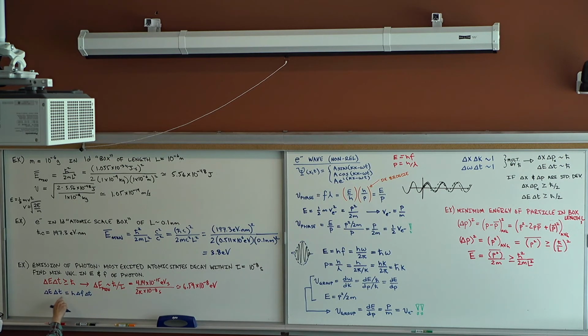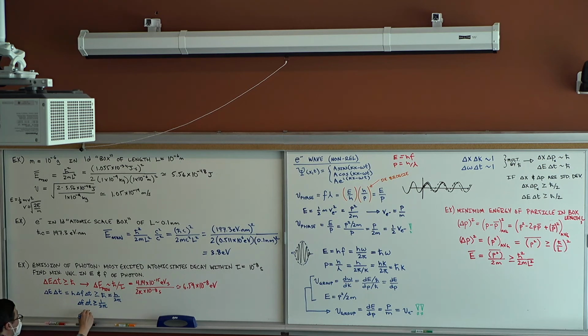E goes as hf, so delta E goes as h delta f. And we want this to be, again, roughly greater than or equal to h bar. If I divide across by h, h bar is equal to h over 2 pi. So delta f delta t should be greater than or equal to 1 over 2 pi.